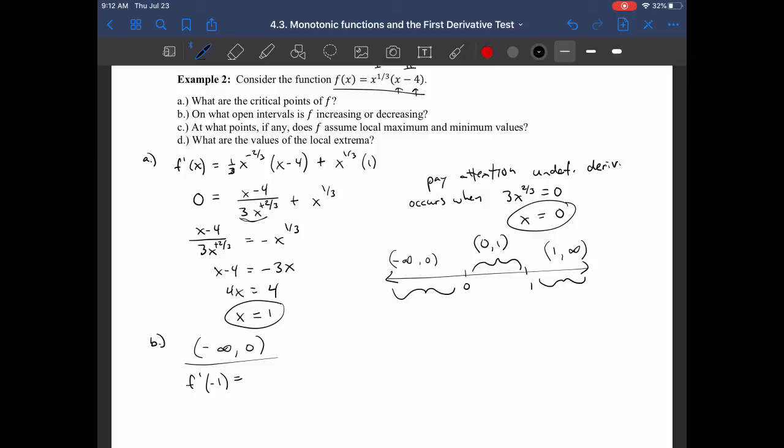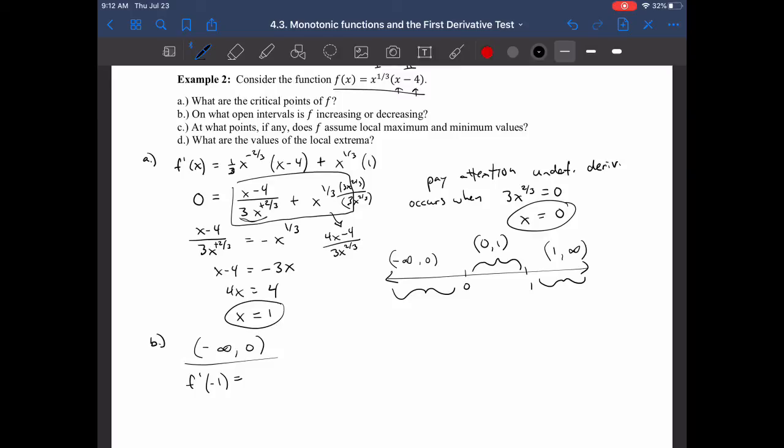If I combine these together, let's do a little shortcut here. If I multiply this over here by 3x to the 2/3 over 3x to the 2/3, I can have them have a common denominator, and I can actually combine these into the function 4x minus 4 over 3x to the 2/3.